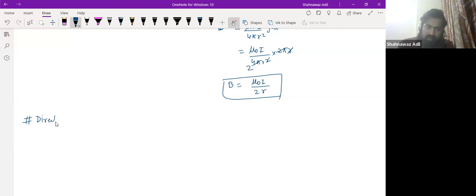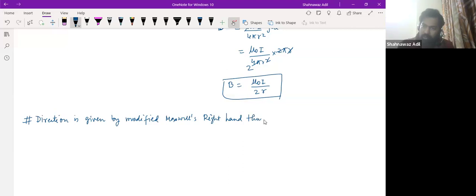Direction is given by the modified Maxwell right hand thumb rule. What is the modified right hand thumb rule? So what was the right hand thumb rule?